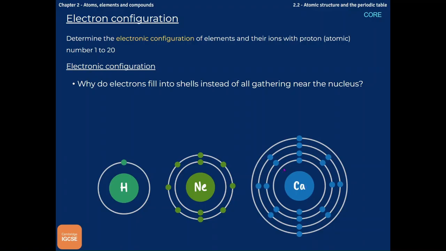So it's actually energetically easier for these electrons to be further out than closer in because of the repulsive force between all these. And these shells actually have a bunch of cool shapes. We're not really going to look at them in this lesson, but they do have cool, interesting places that they are orbiting around the nucleus.